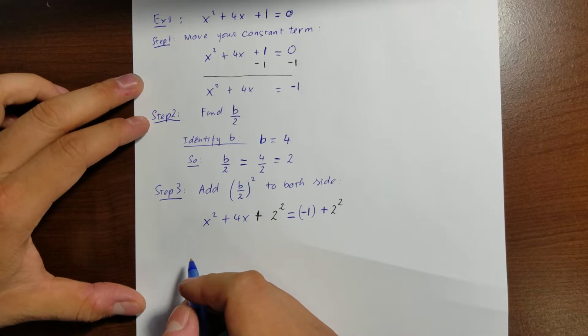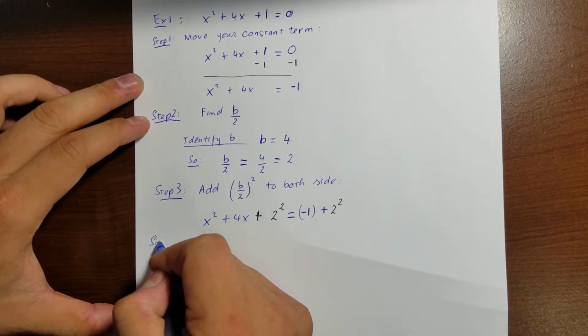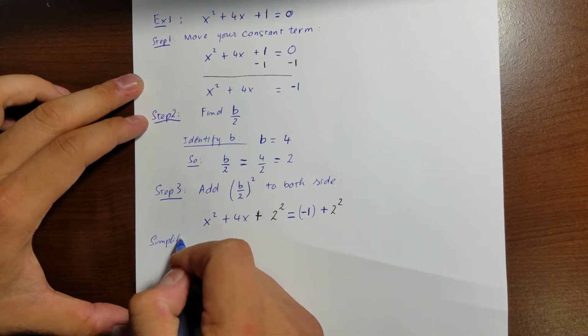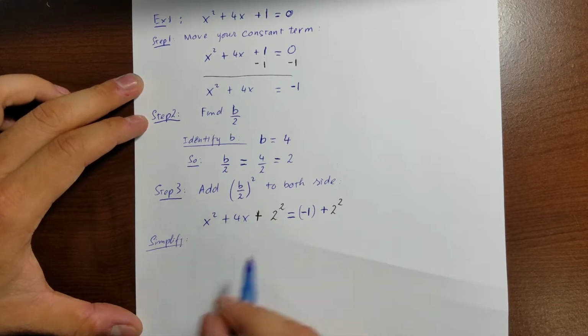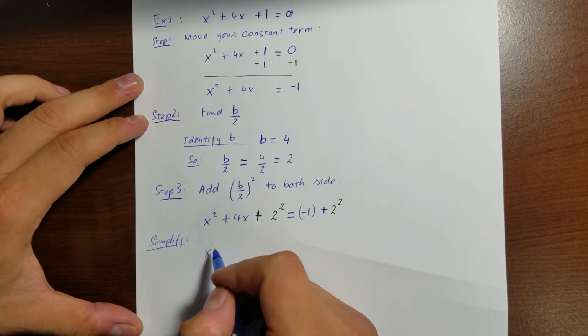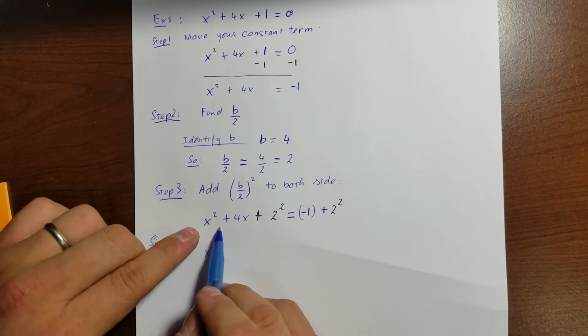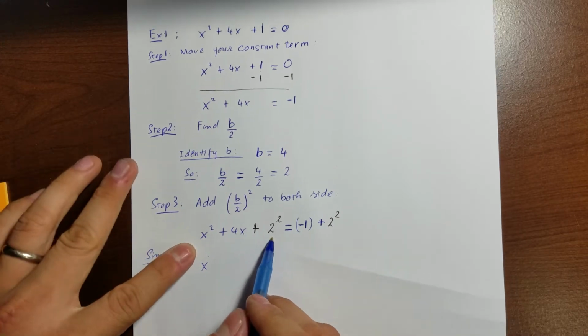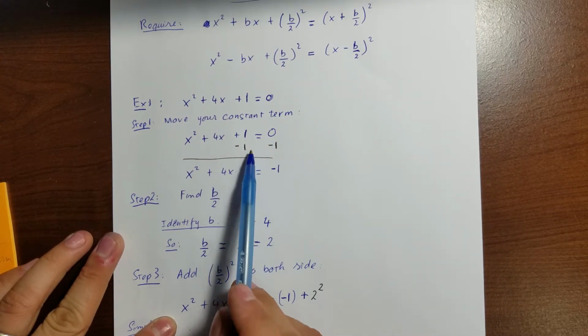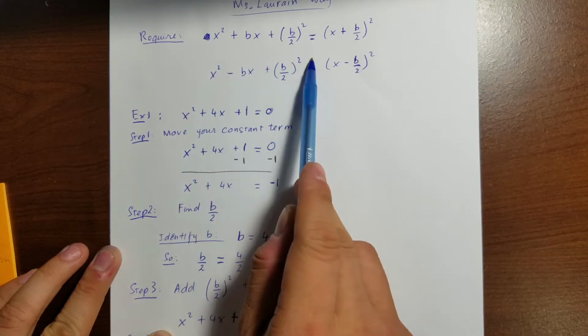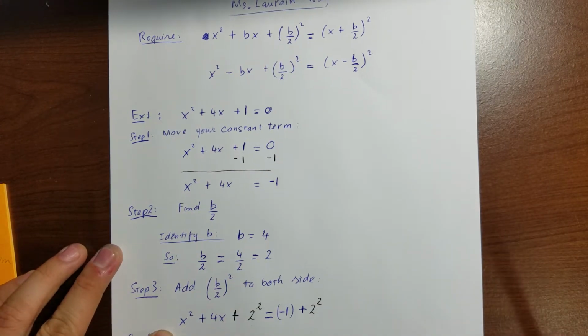Now finalize this. So you need to simplify. It's going to be x. Since this equation right here follows the formula up here, I'll give you some time so you can see that.